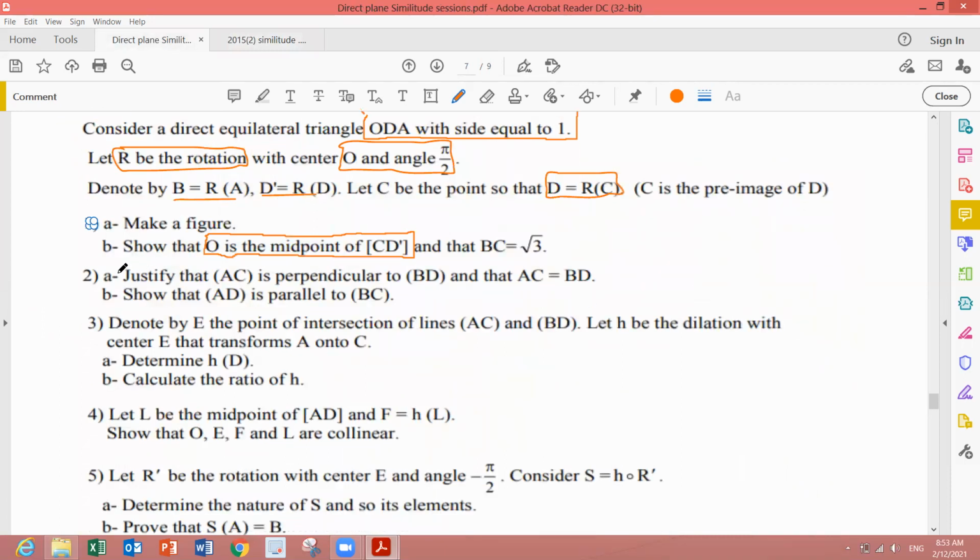Part 2A. Justify why AC is perpendicular to BD and AC equals BD. We need to justify AC perpendicular to BD and AC equal BD.